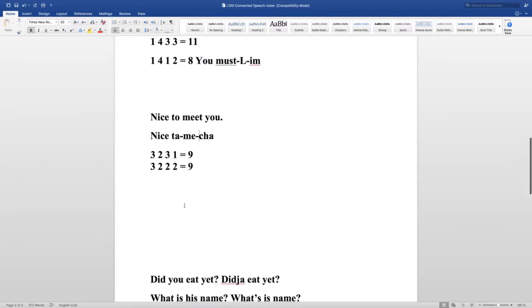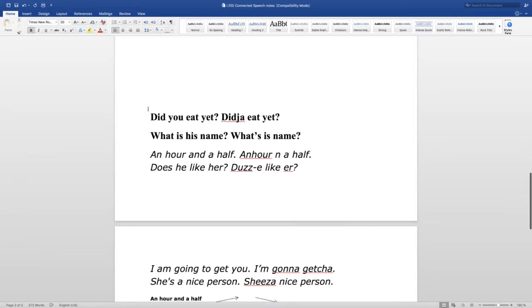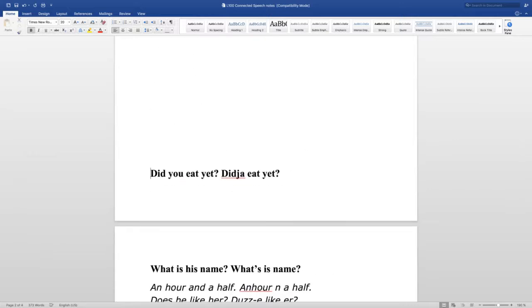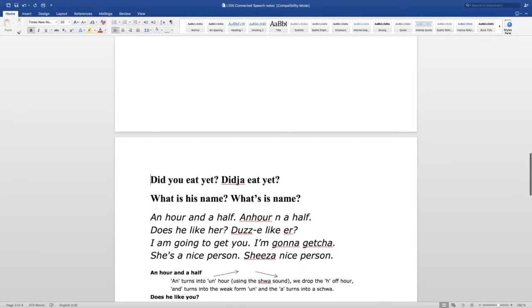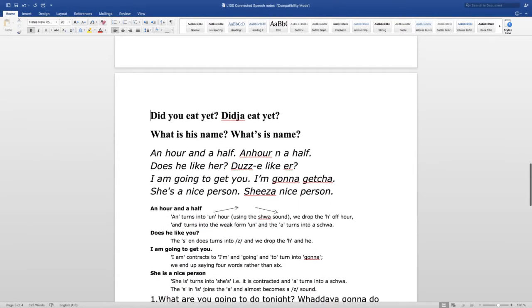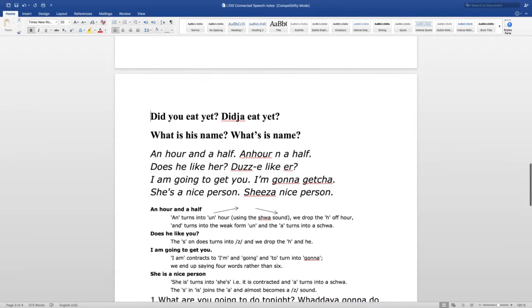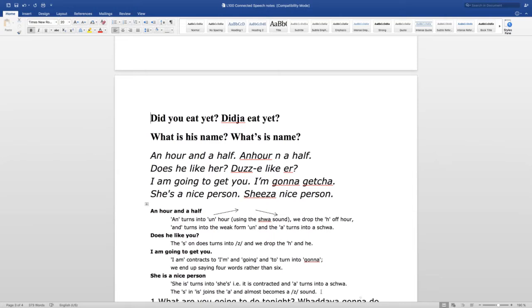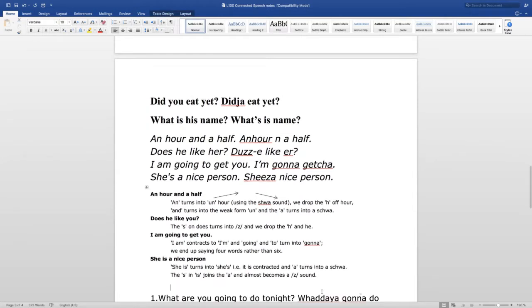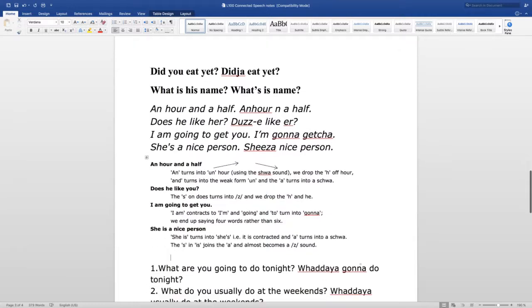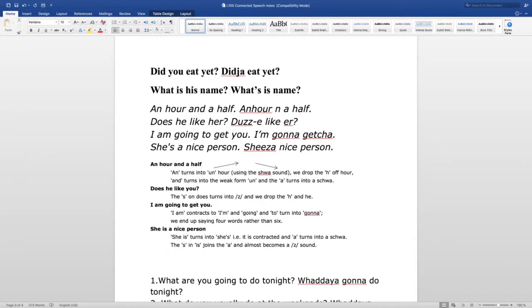So that's connected speech. I'm going to give you some more examples here with common questions and show you a little more how this works. Hopefully this will help you pick them out a little better when you are hearing native speakers.